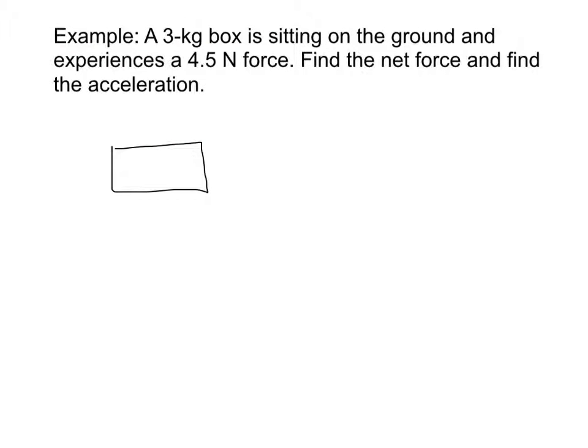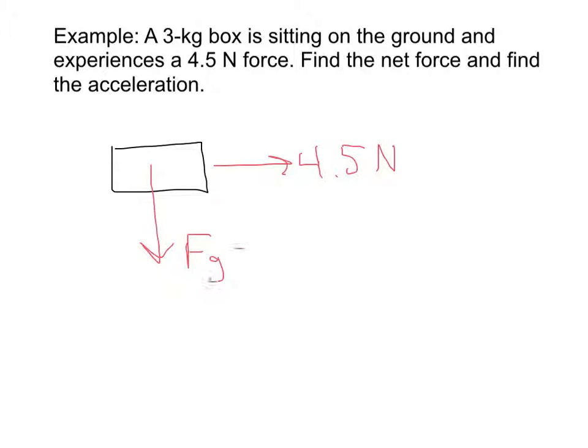So now we've got this example. I have a 3 kilogram box sitting on the ground, and it experiences a 4.9 Newton force. So I'm going to draw that force. I also have other forces that I can't forget. I have to remember about force of gravity. So I'm going to draw that as well, force of gravity.